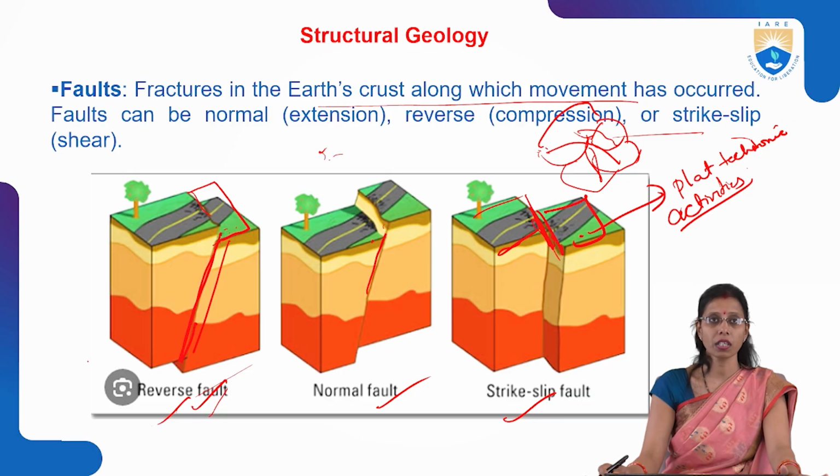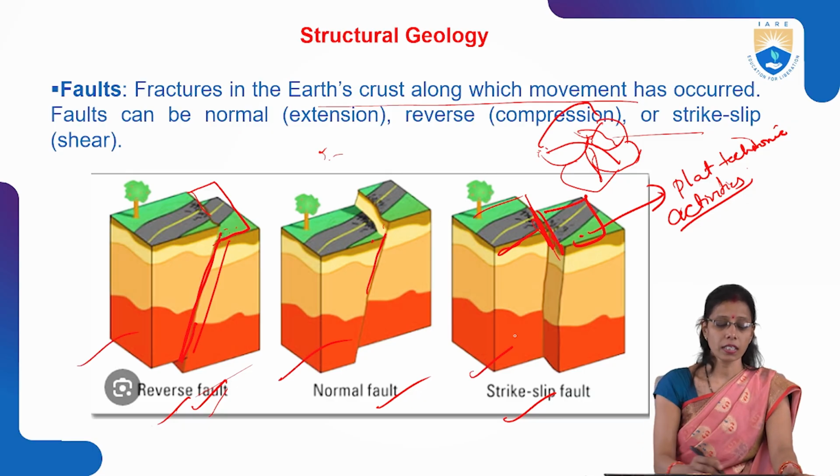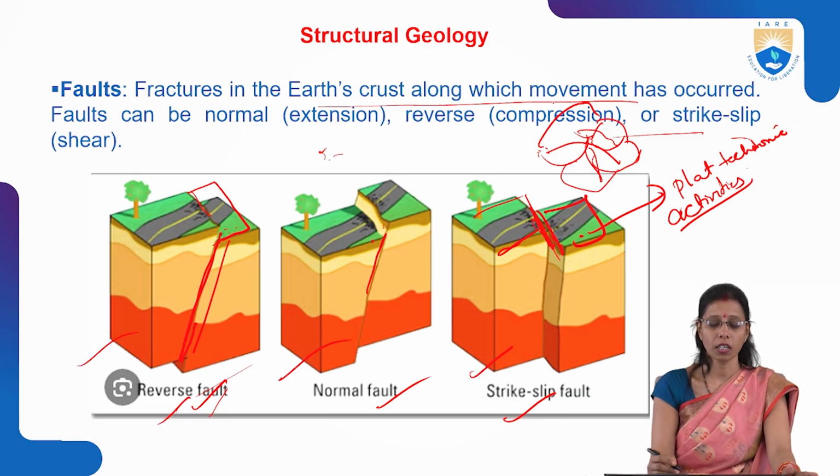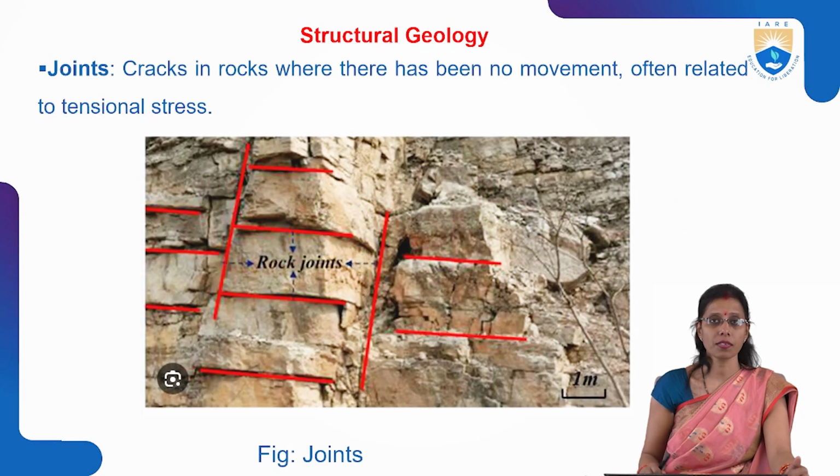Due to the earthquakes and collisions, these kinds of faults occur on the earth crust. So a fault is basically a fracture. It fractures the earth surface into different shapes. We have reverse faults, normal faults, and strike slip faults.